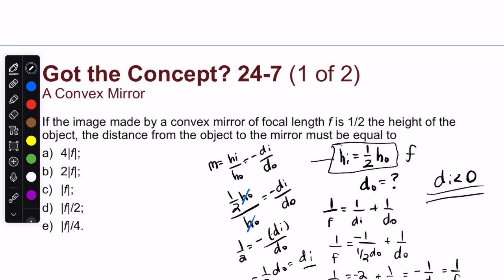And so what is do? I can do all my inverses if I want to, but I can just see here that do is equal to negative f, because f is negative. And here they give us our answers in terms of the absolute value of f. So either way, we get |f| as do.